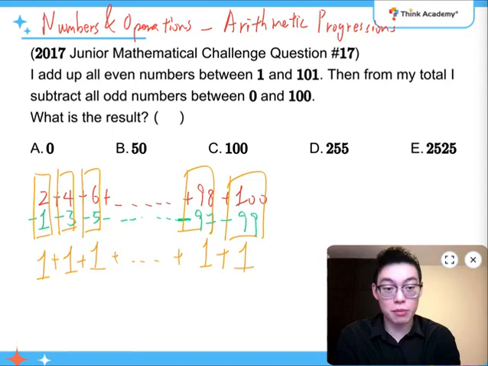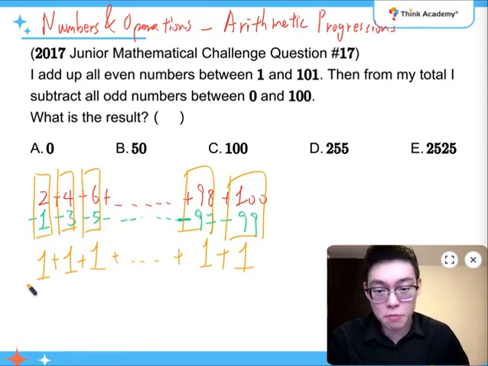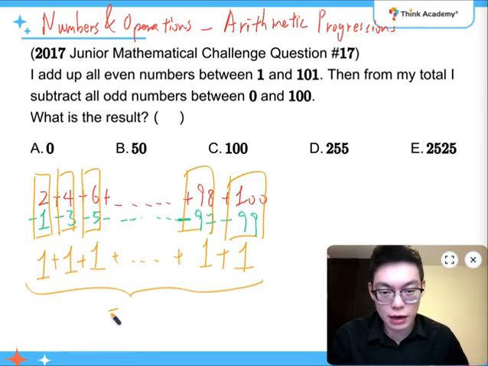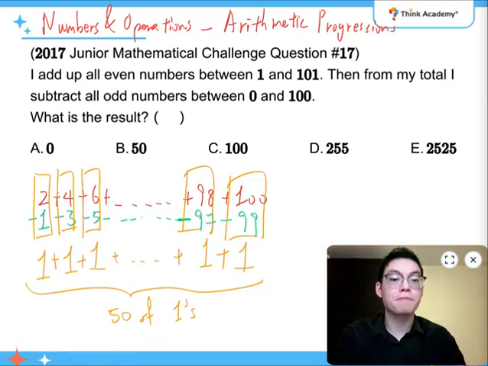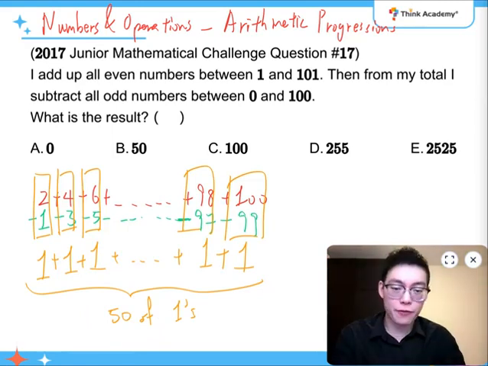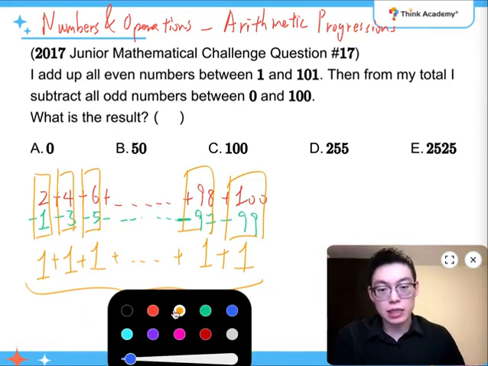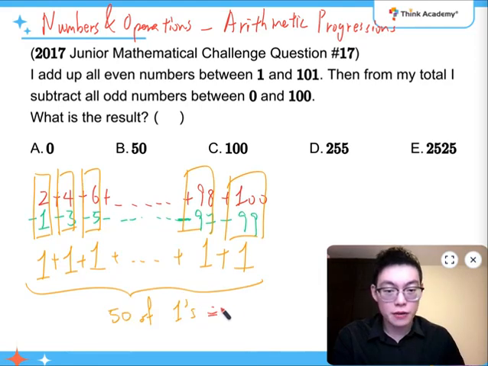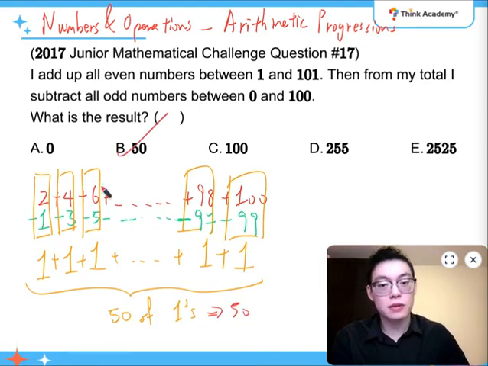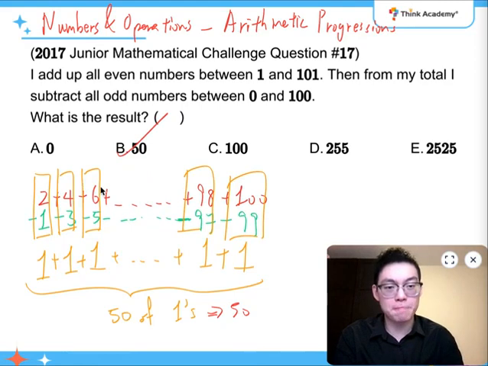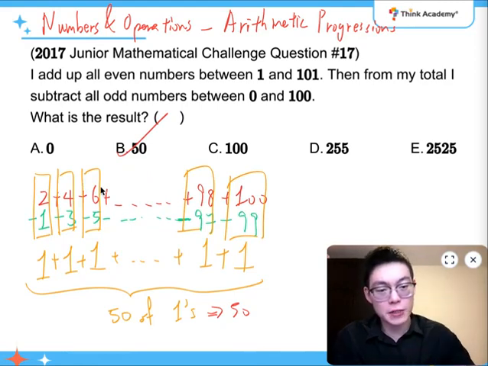So 2 is 2 times 1, 100 is 2 times 50, so it means that there's going to be 50 even numbers altogether, right? So there are 50 terms in both sequences, which means that I have 50 of the ones. So stacking up to 50 of the ones, the answer is definitely going to be 50. Right, so the sum is going to be 50. That's it for question 17.